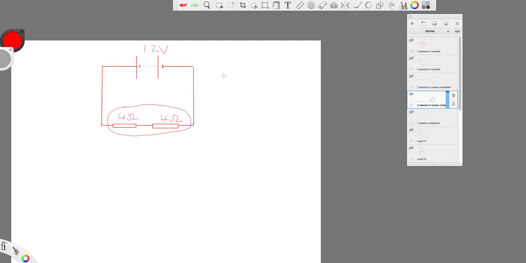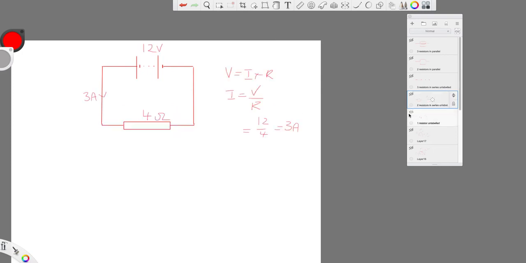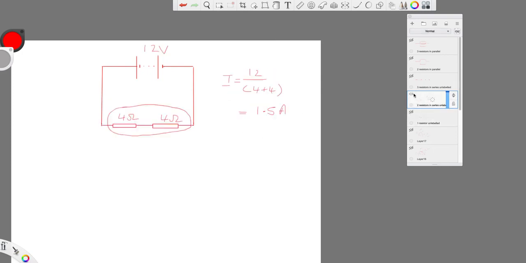So now we have the current is 12 over 4 plus 4. 12 over 8. 3 over 2. 1.5 amps. So previously we had 3 amps. Now we've got 1.5, double the resistance.